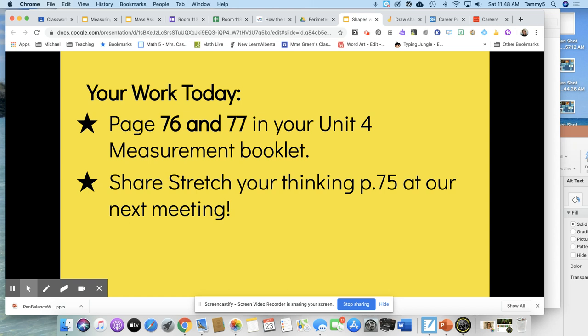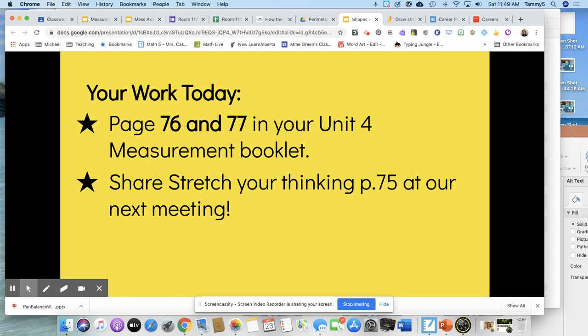Now your work today is to complete pages 76 and 77 in your Unit 4 measurement booklet. The first question is actually the question that we did together on our Jamboard, so you've already done the work. That'll make it really easy to complete this assignment.